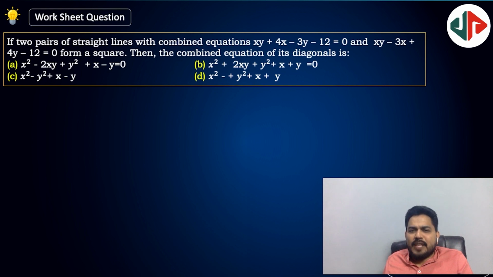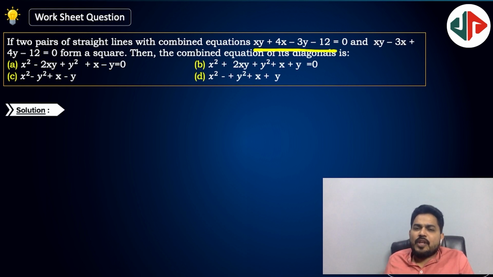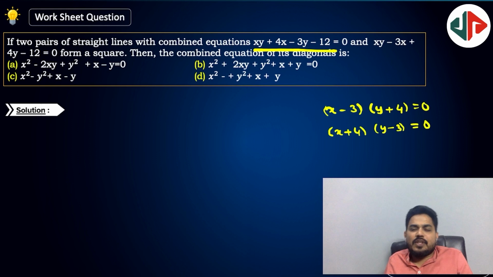If two pairs of straight lines with combined equations, this is one and this is one. So look here, what is this equation? The one equation is (x minus 3)(y plus 4) equal to 0. And the next one is (x plus 4)(y minus 3) equal to 0.